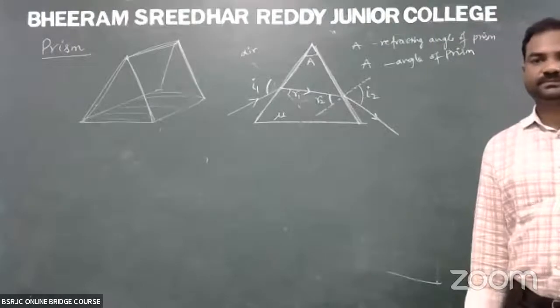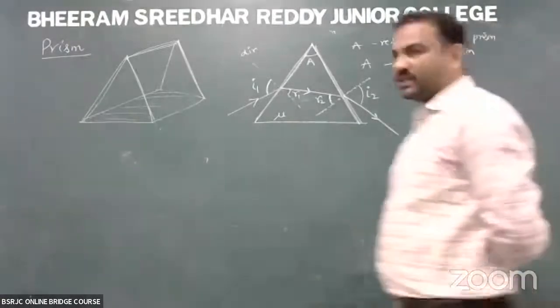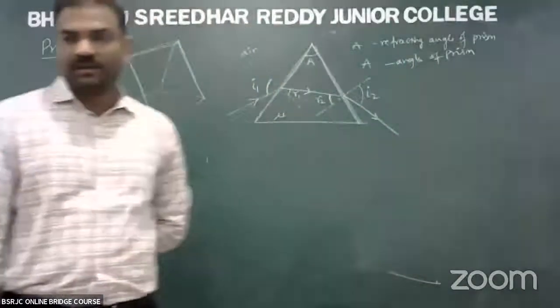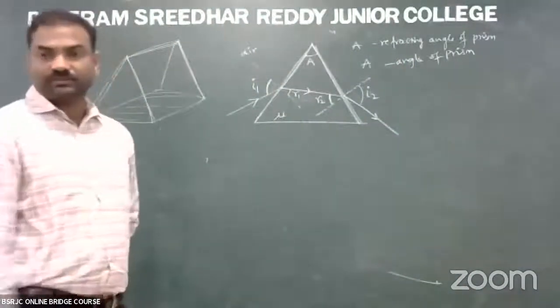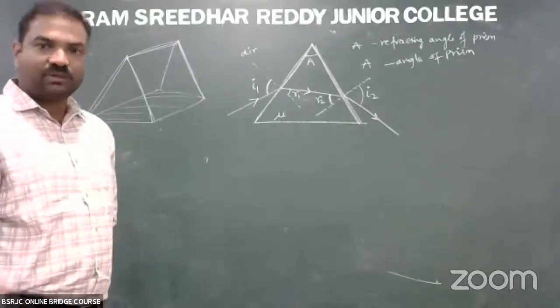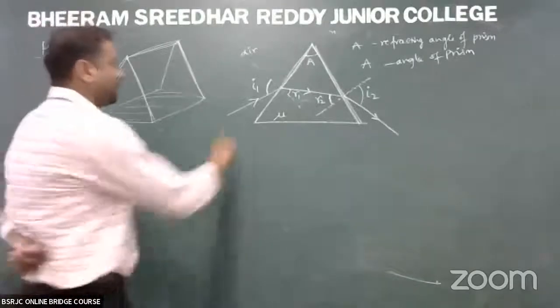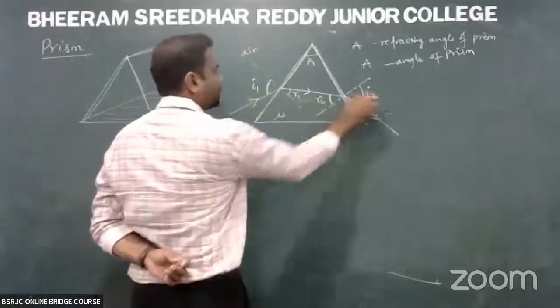That is only for the minimum deviation case. Now, what is the relation between I1, R1, R2, I2?